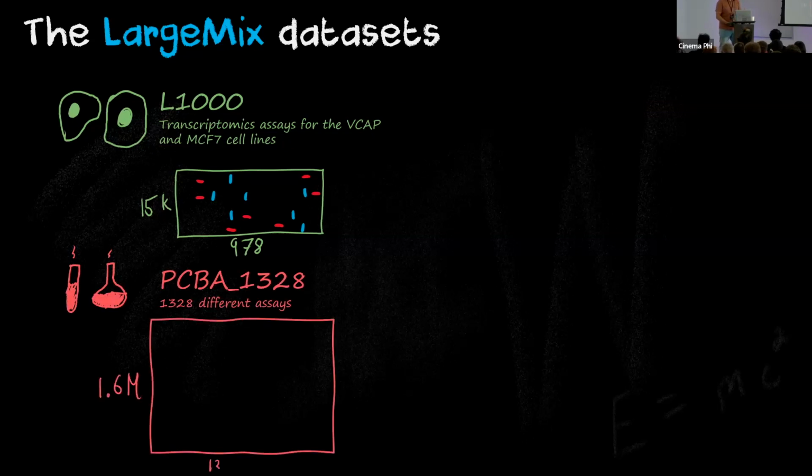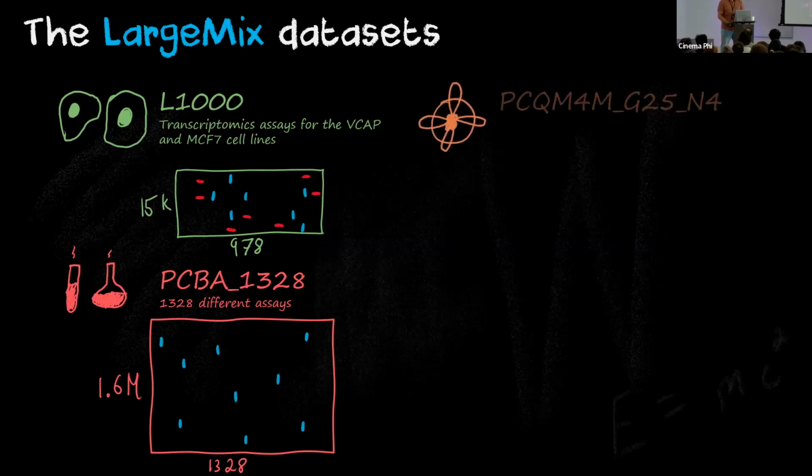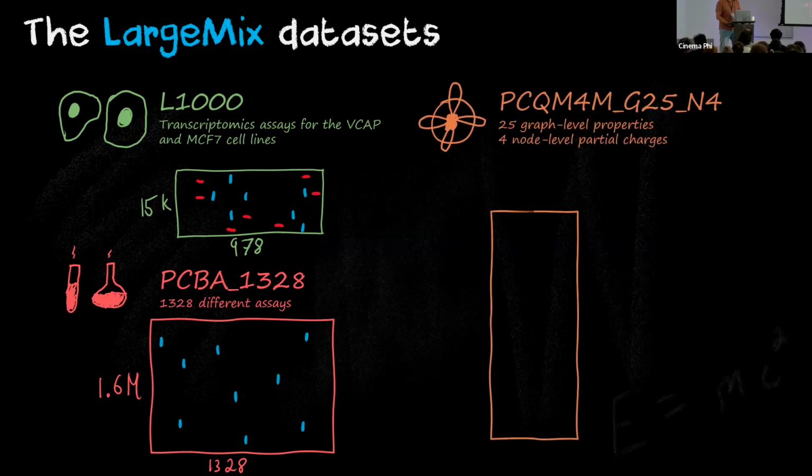Then we also have the PCBA 1328 dataset, which regroups public assays from 1,300 different assays from PubChem and puts them in a single matrix of 1.6 million molecules. This matrix is very sparse, so roughly 95% of the data is missing.